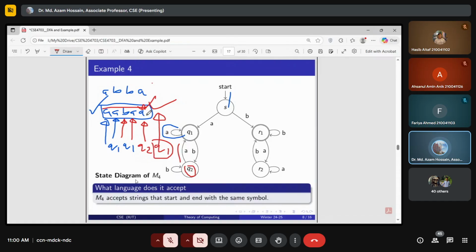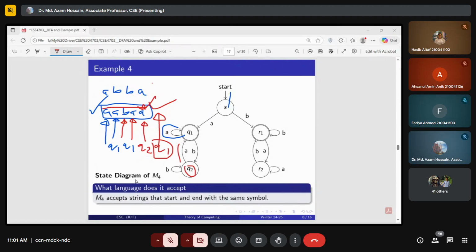If we are at the end of my string and we are in the final state, then we can say that this string is generated by this machine, or in other words, that this string can be generated by that machine. So that is called computation.